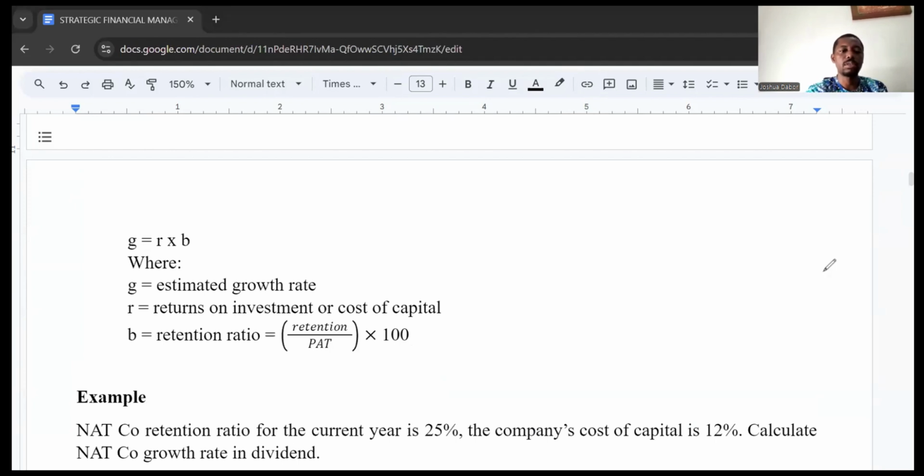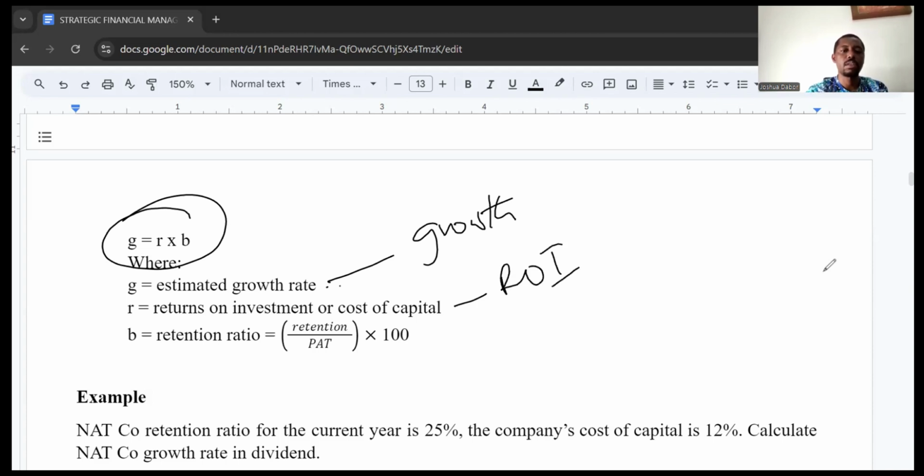So this is the growth, G equal R times B, where G equal to the growth rates, R returns on investments, and this B equal retention ratio.